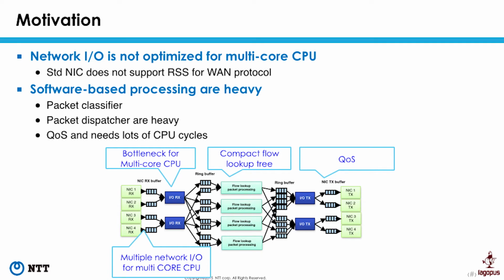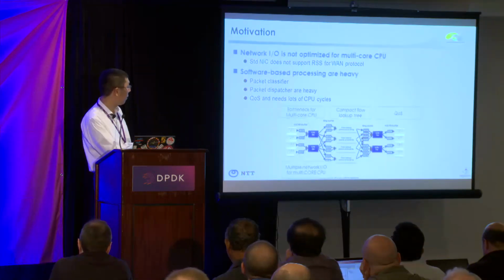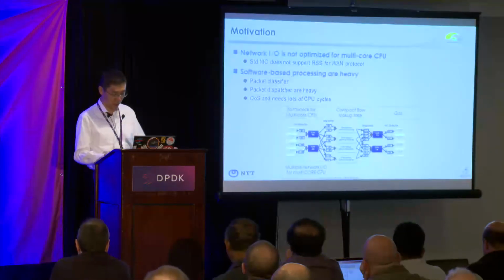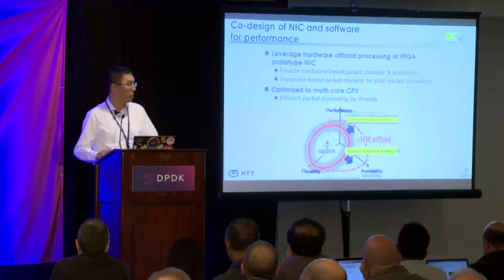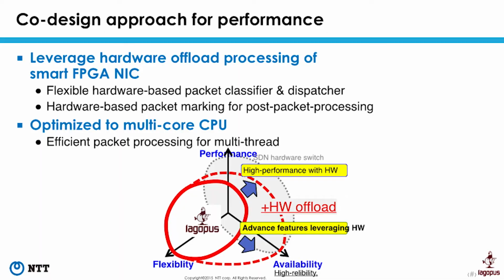So in summary, we can see some bottlenecks on the receiver side, the lookup side, and the QoS side. So we try to leverage the co-design of a NIC and a software data plane for performance.